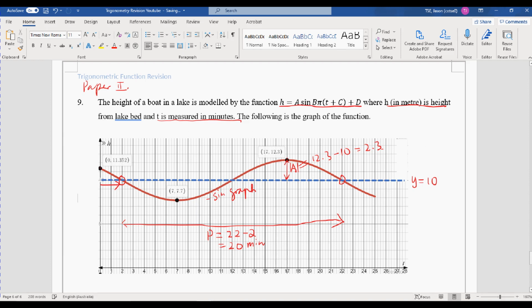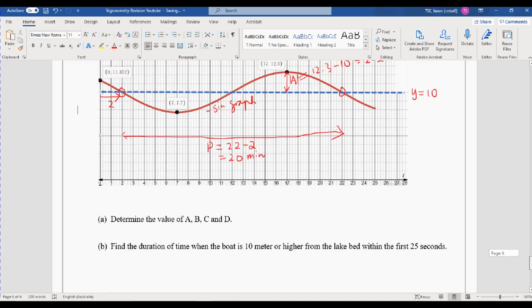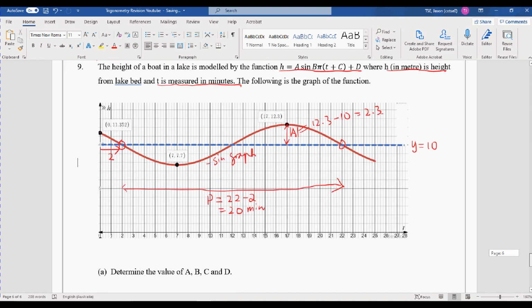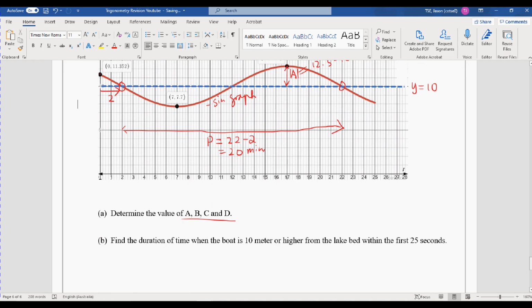This is 0, this is 2, so by 2 units. That means there's a horizontal shift of the negative sine curve to the right by 2 units. In this case, it will affect our value of C. Let's use this information to answer the questions.